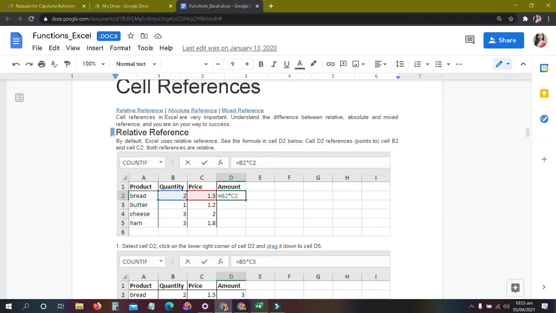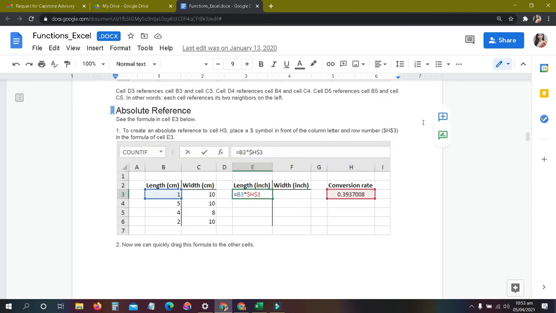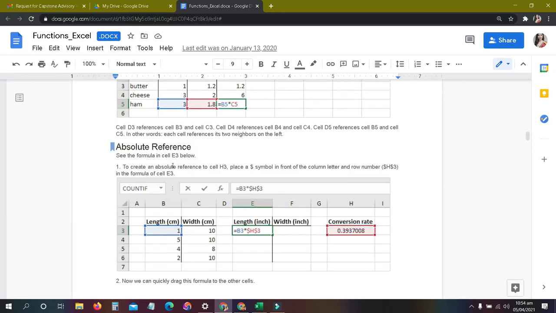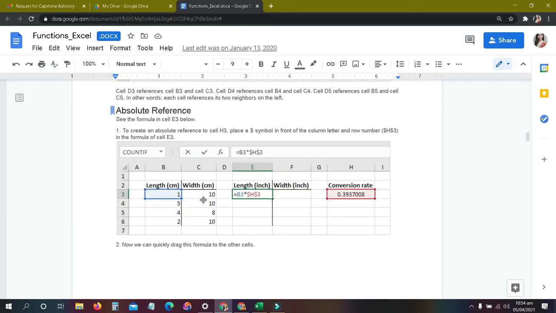Next is the absolute reference. To create an absolute reference, in this example in cell H3, place a dollar symbol in front of the column letter and row number in the formula. In this example, the length is in this column, column B, in centimeters, and the width is 10. The conversion rate is 0.3937008.